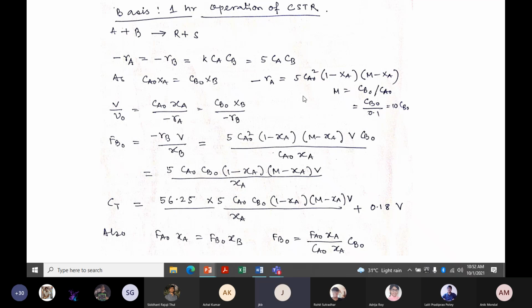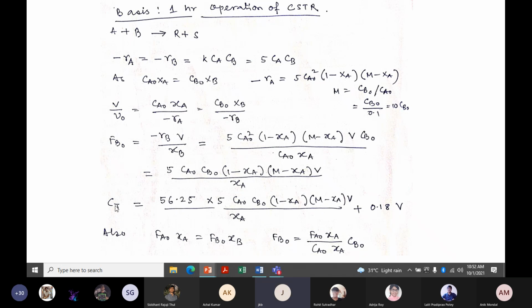So M is 10 times of Cb0. And mole balance: V by V naught is equal to Ca0 Xa by minus Ra, Cb0 Xb by minus Rb, and Fb0 is minus RbV by Xb is equal to this. So this is one equation in terms of Fb0.